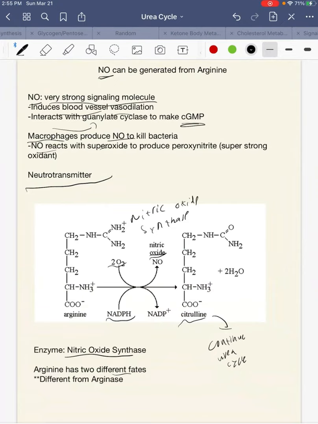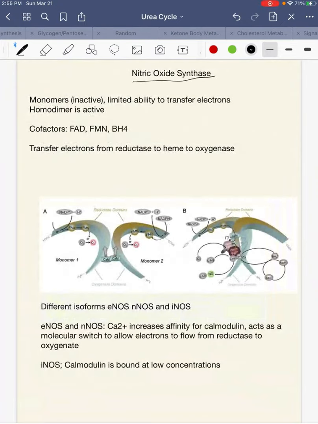Okay. So nitric oxide synthase. It's a homodimer, but the monomers are inactive because they have limited ability to transfer electrons. The homodimer is active. Homo just means same, dimer just means two subunits. Those two subunits are activated when they come together. So when monomer 1 and monomer 2 come together, they become activated.